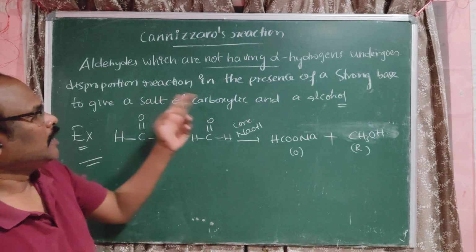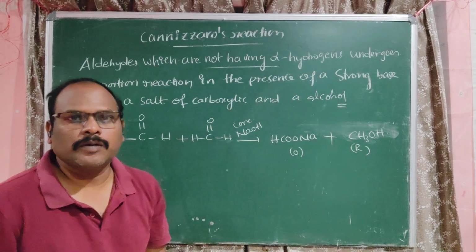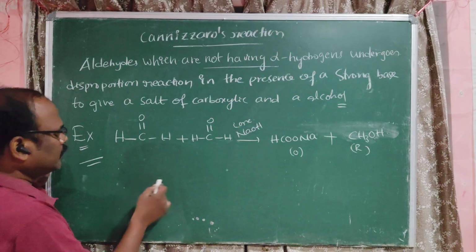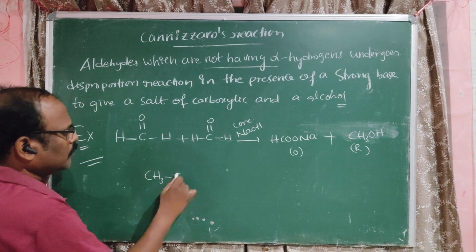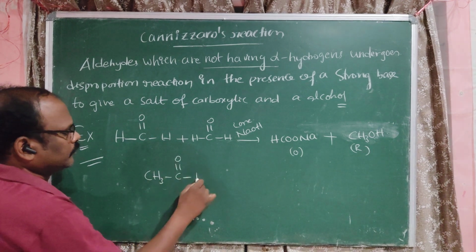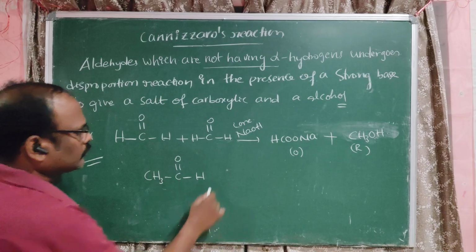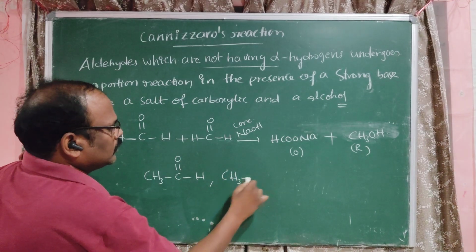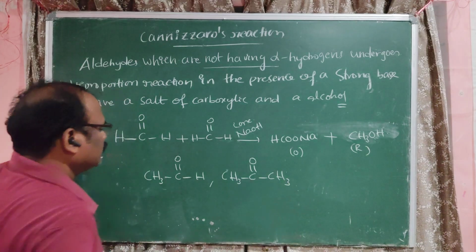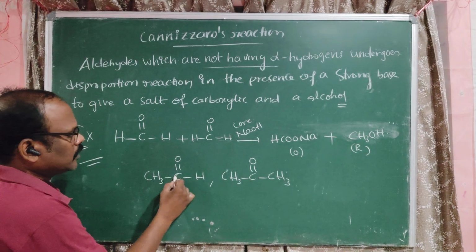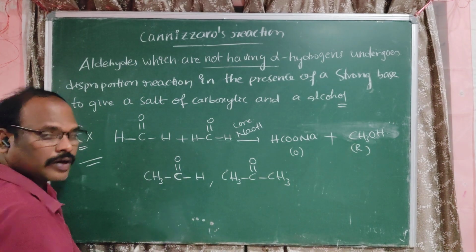And I am explaining about alpha hydrogen in carbonyl compounds. This is a carbonyl compound. It is an aldehyde. This one is a ketone. In this carbonyl compound, this is the carbonyl carbon.